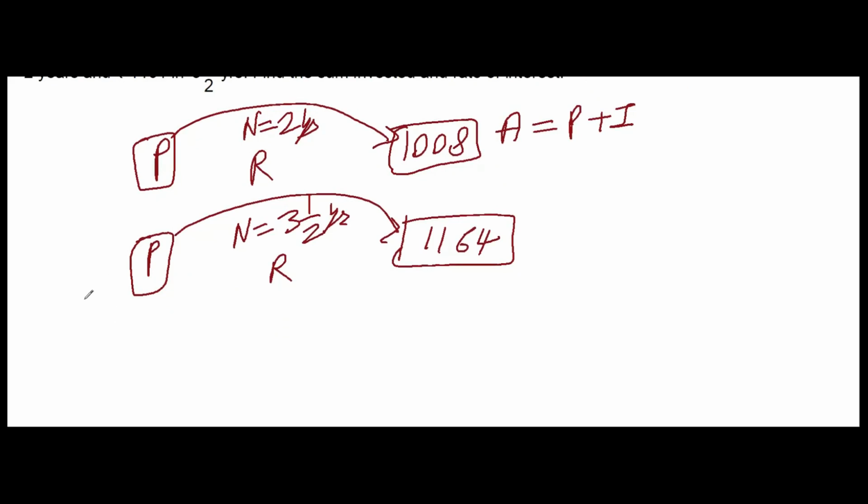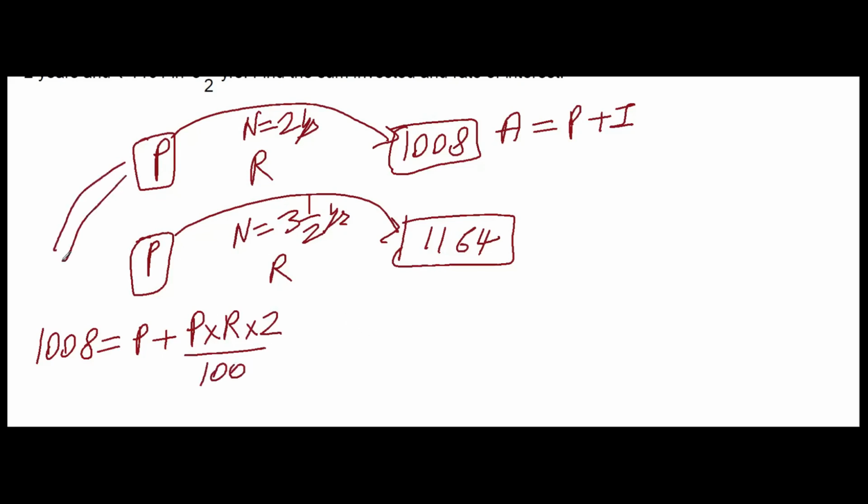So I am going to apply the formula. What's that? Amount, that is 1008 is equal to principal plus principal into R, right? R I don't know, and this is time, which is 2 years upon 100. Okay, this I have taken from here.